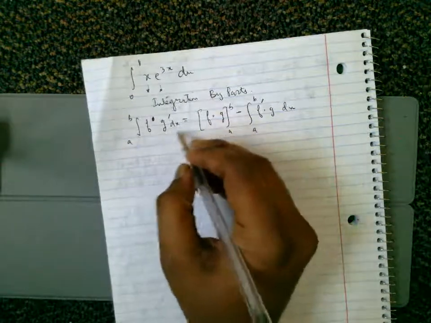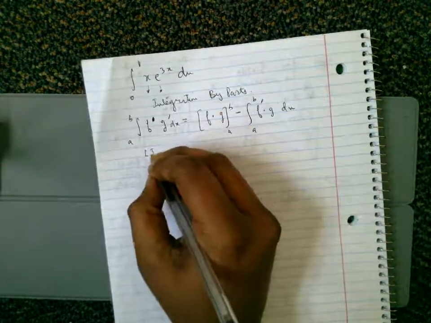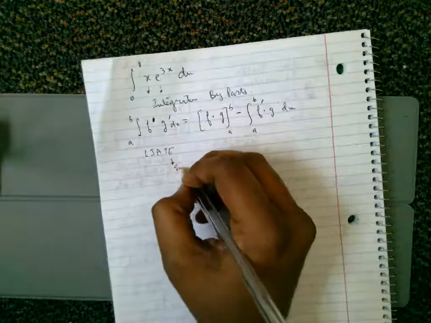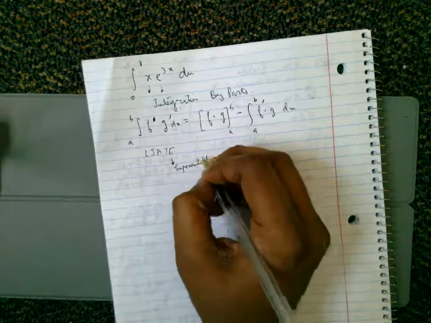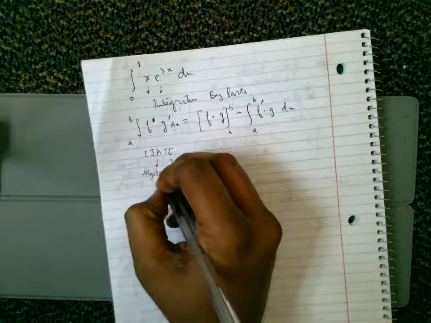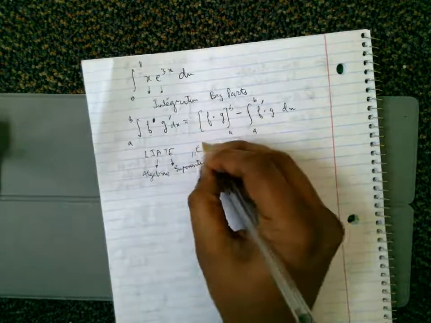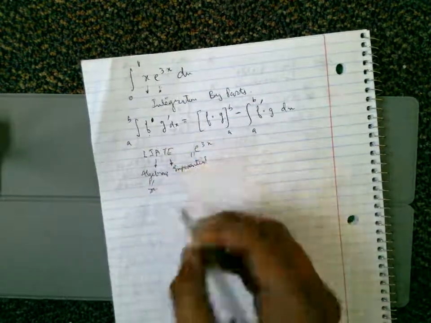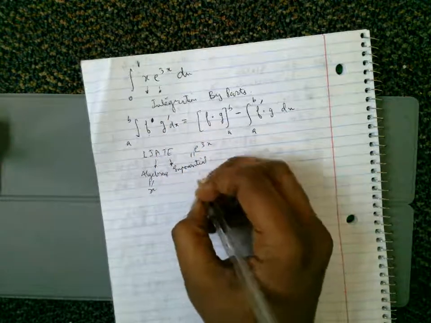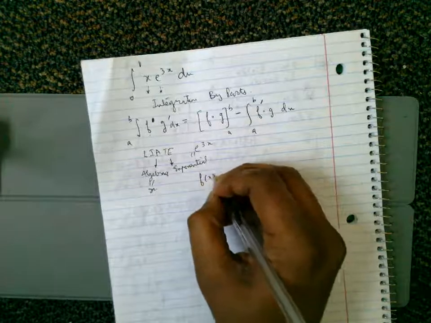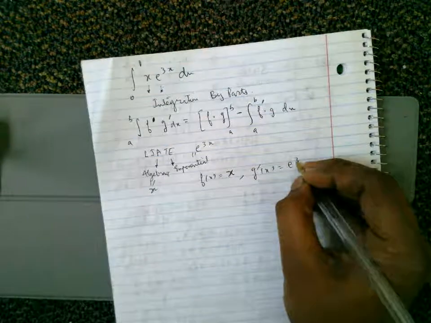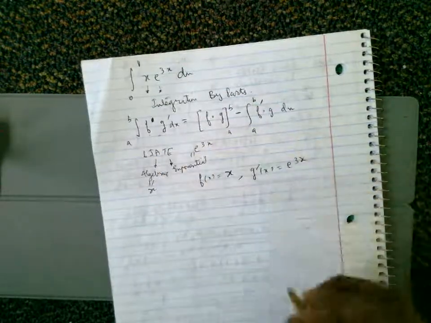In order to find f and g, we want to use the Lie rule. So e to the power 3x is exponential and x is algebraic. That means in this rule the algebraic one comes first, so we take f equal to x and g prime of x equal to e to the power 3x in this formula.